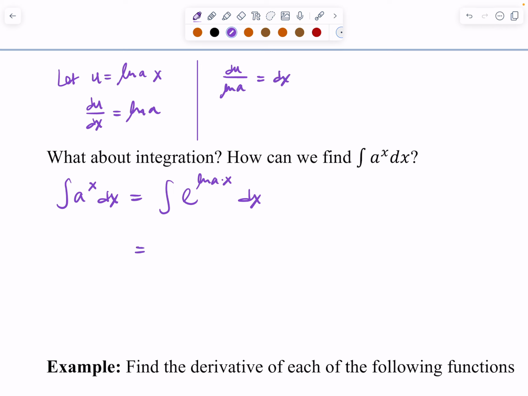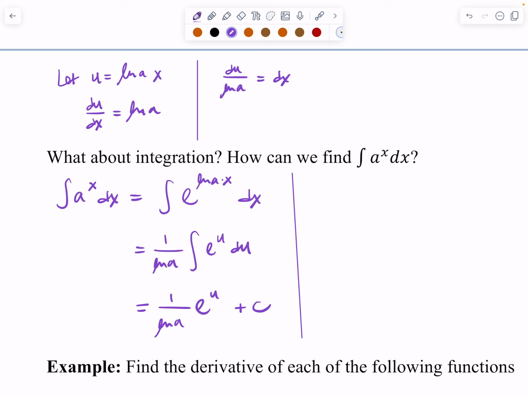So rewriting the integral, we would have 1 over natural log of a, which I can pull out, times e to the u du. And we know the integral of e to the u is e to the u. So that would be 1 over natural log of a times e to the u plus c.